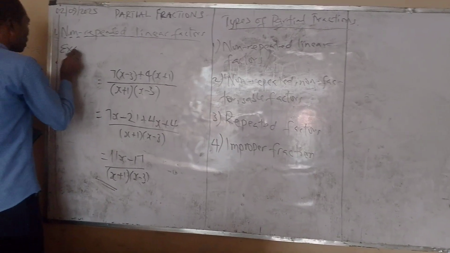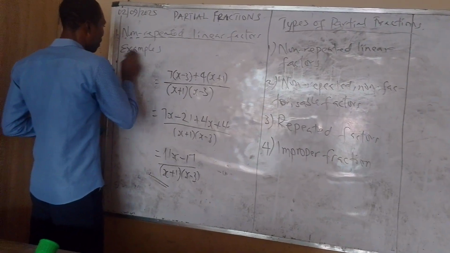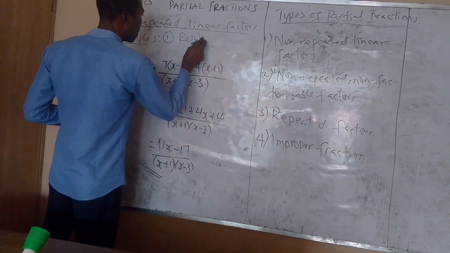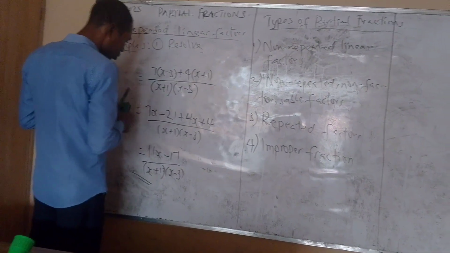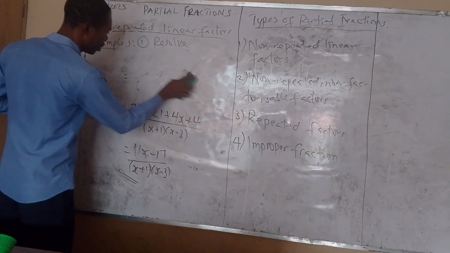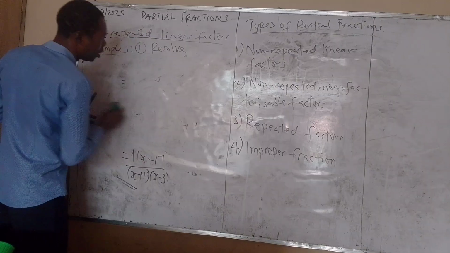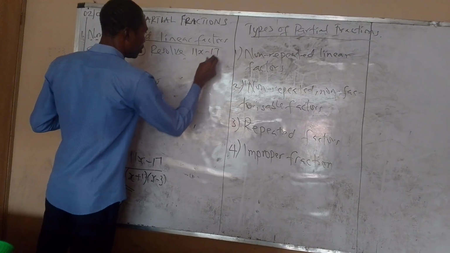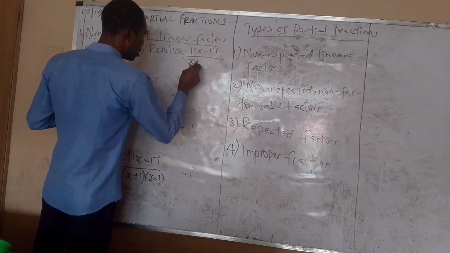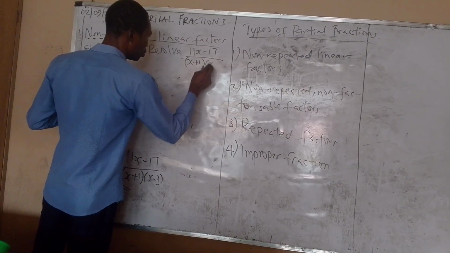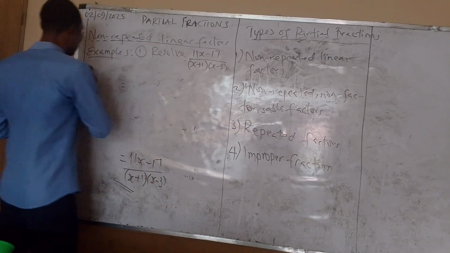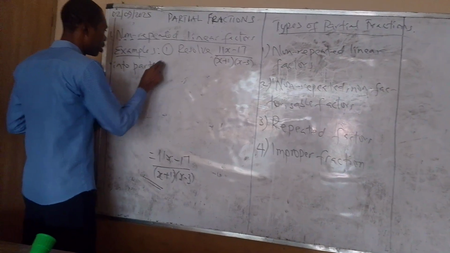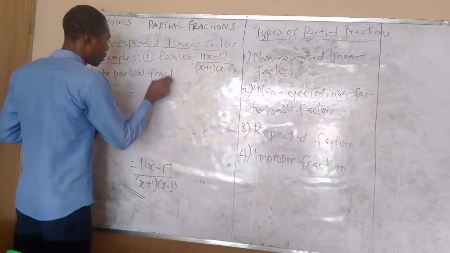Like I said, resolve this fraction, 11x minus 17 over x plus 1 into bracket x minus 3 into partial fractions.